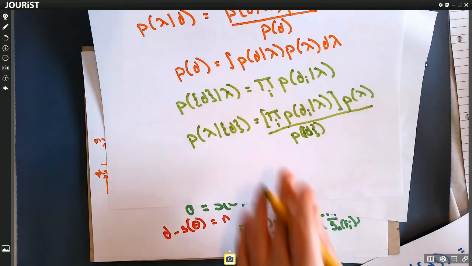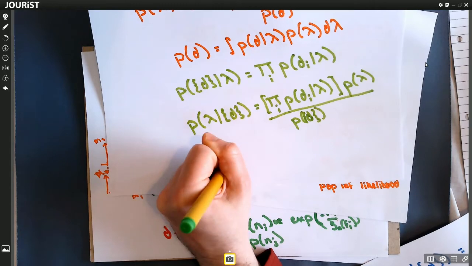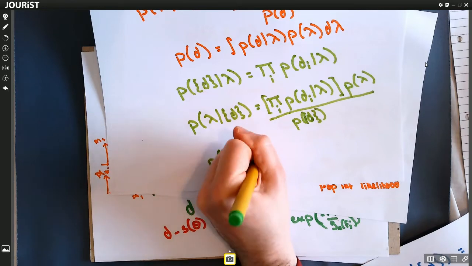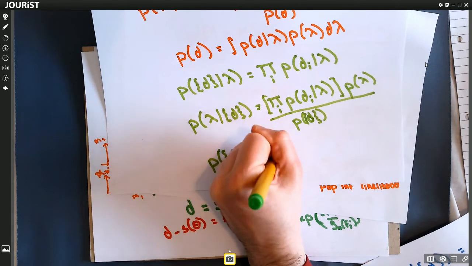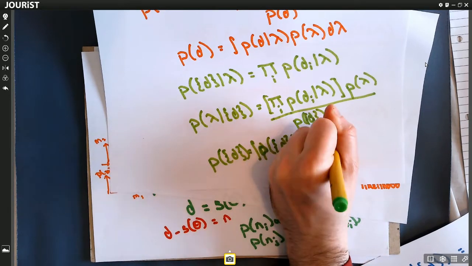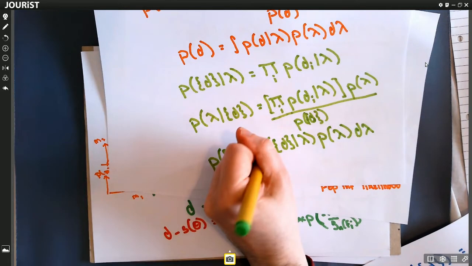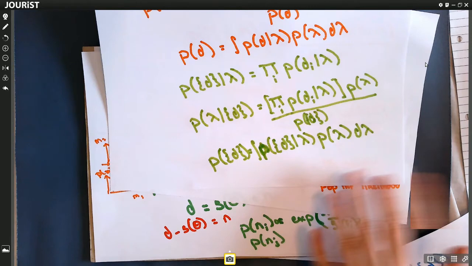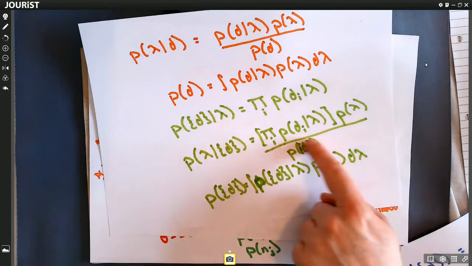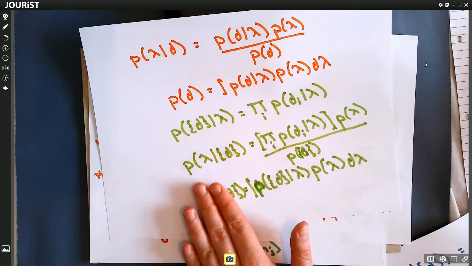So let's write that down for you. Integral P of D given lambda, P of lambda. Okay, so we take all of our evidences, multiply them together, put in our prior, normalization constant, not too important for mapping out the probability distribution, but we can calculate that. Okay, this is the idea.